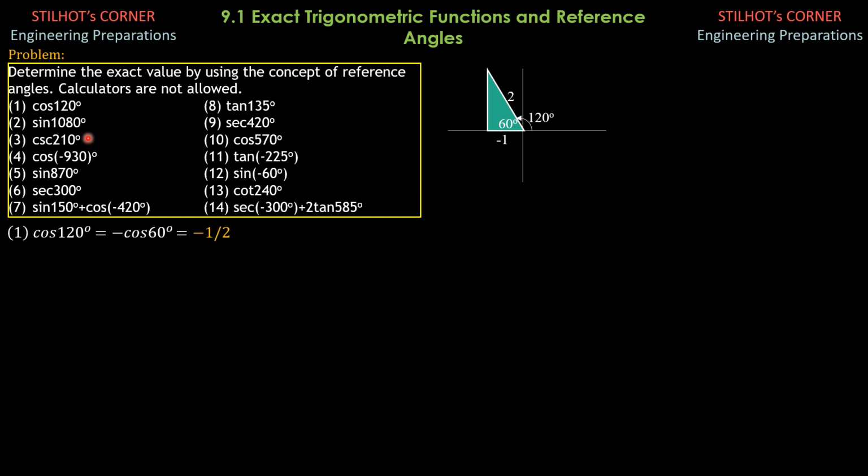Then we proceed to evaluate sine of 1080 degrees. So in counterclockwise direction, because the angle is 1080 degrees, 1080 degrees is actually 3 times 360 degrees: 360, 720 degrees plus 360 is 1080 degrees. Take note, I'm not using the calculator.